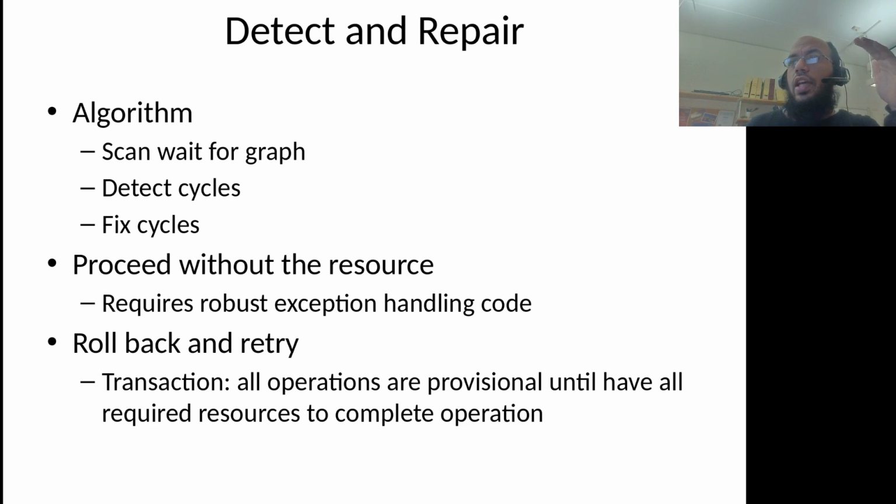So you scan your system to try to detect cycles, and in that case, you can try to break your cycle. These are basically the ways that you would use to detect and repair a deadlock.